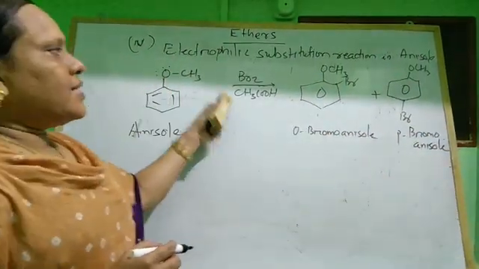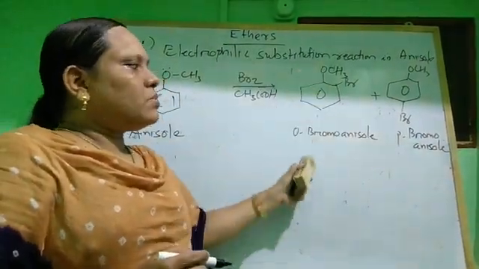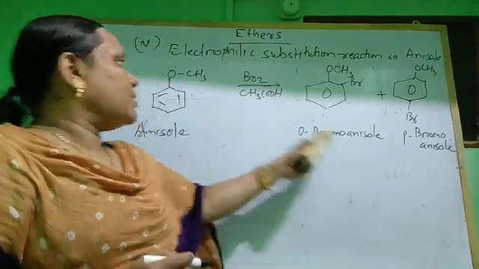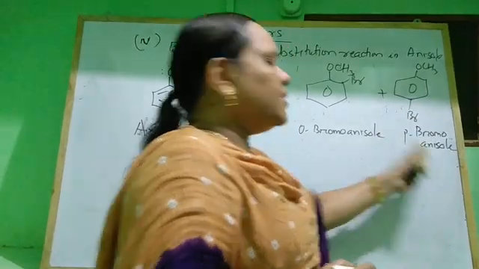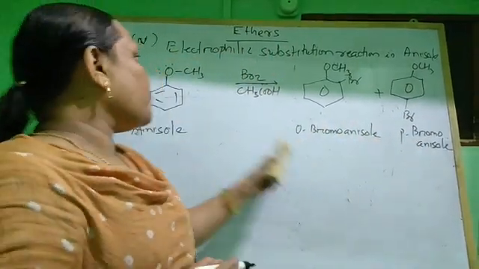So anisole reacts with bromine to form orthobromoanisole and para-bromoanisole in presence of acetic acid. Para product is more than that of ortho.